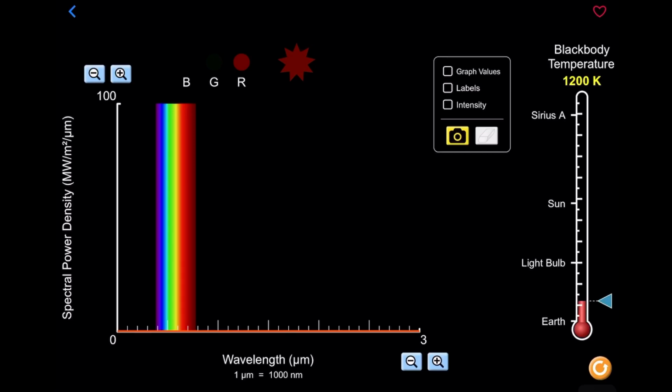That is how the black body spectrum works, and that's what Wien displacement law says. There is a constant, the Wien displacement constant, and its value is 2.897 times 10 raised to minus 3 meter Kelvin.